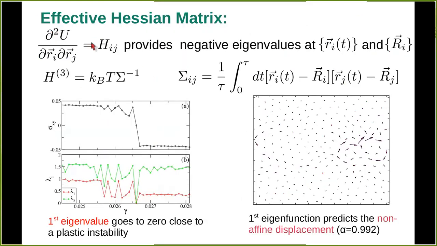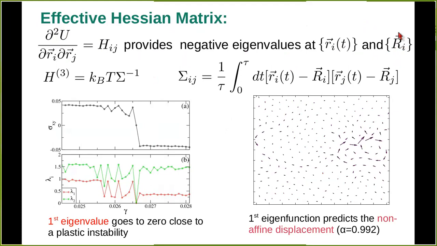Now we start with this 0 temperature Hessian, but it provides negative eigenvalues at instantaneous positions because the instantaneous positions are not energy minimized. So it failed to give structural stability related information. And then we compute this quantity at the time average configuration. These time average configurations are stable, but it also provides negative eigenvalues.